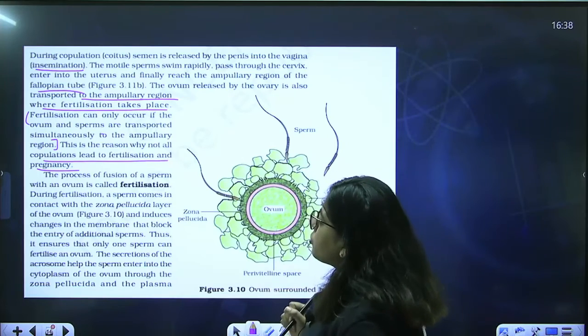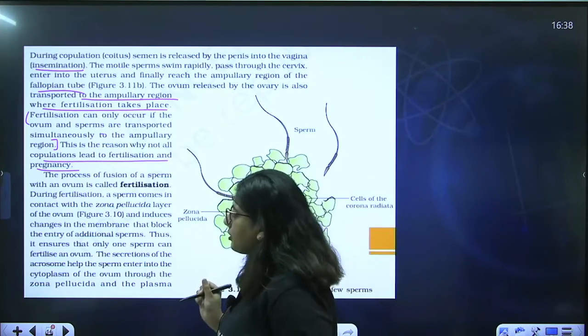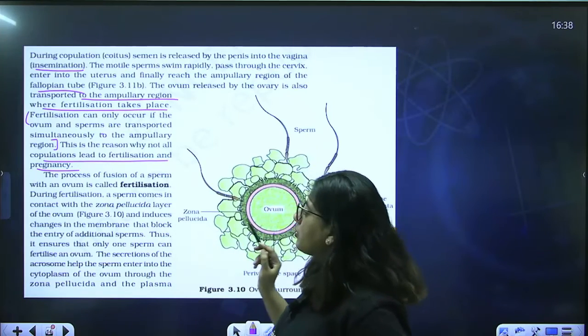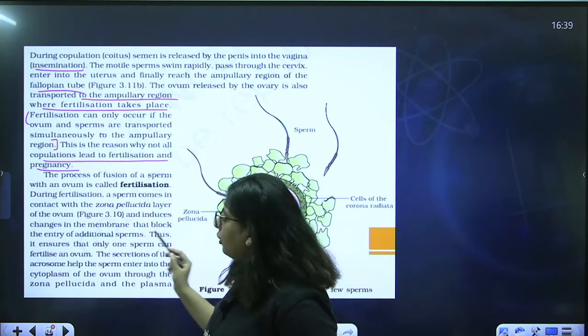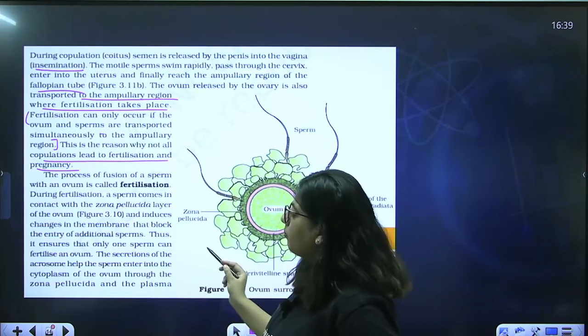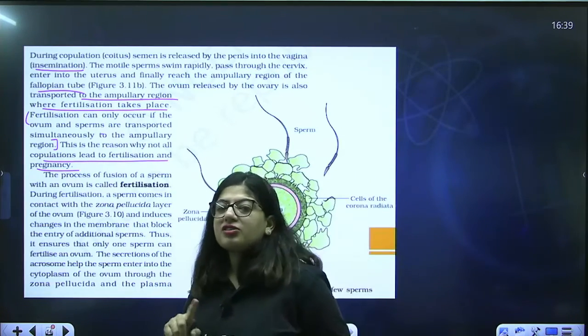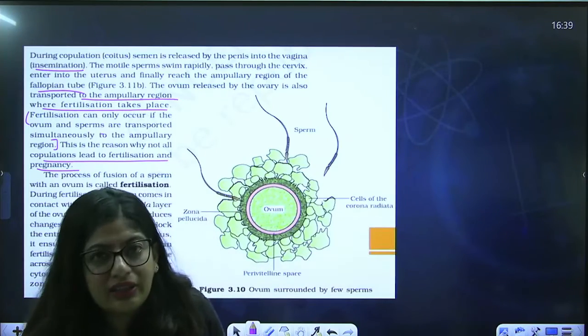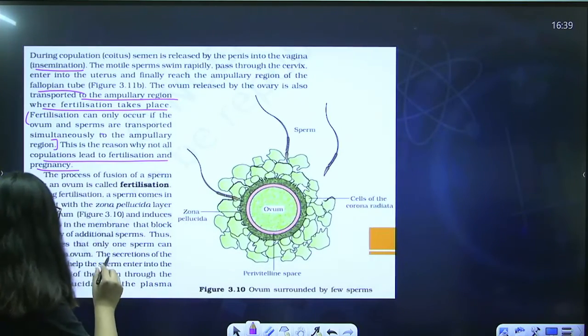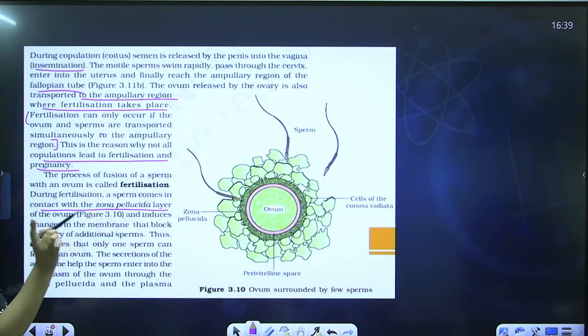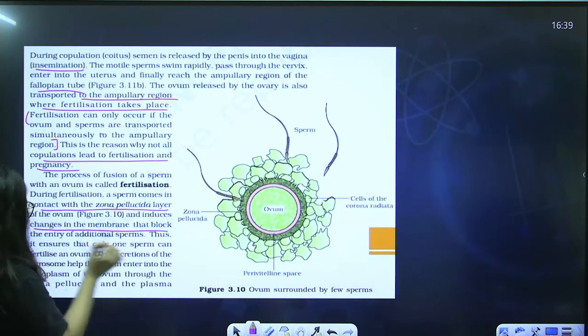The process of fusion of a sperm with the ovum is called fertilization. During fertilization, a sperm comes in contact with zona pellucida layer of ovum and induces change in the membrane that block the entry of additional sperm. NCERT has not mentioned these blocks in detail, but they have mentioned that when the sperm gets in contact with zona pellucida it induces changes in the membrane that block the entry of additional sperm.